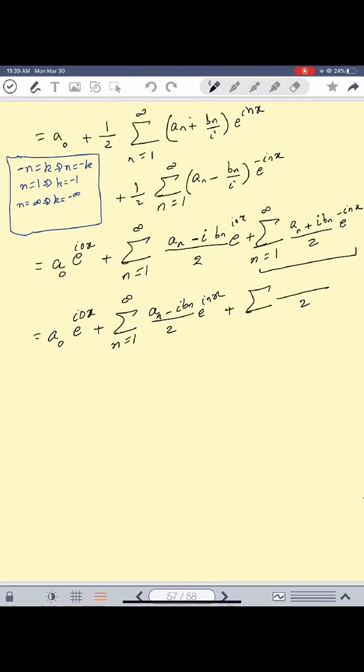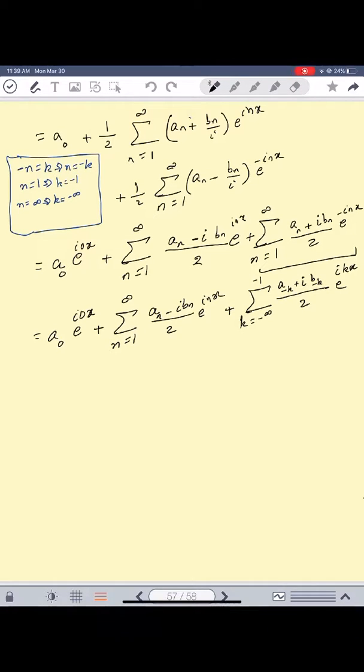It's negative k. So this is a negative k plus ib negative k, e to the ikx, because we changed the negative n to k. And the k starts from negative infinity, ends at negative 1, right?